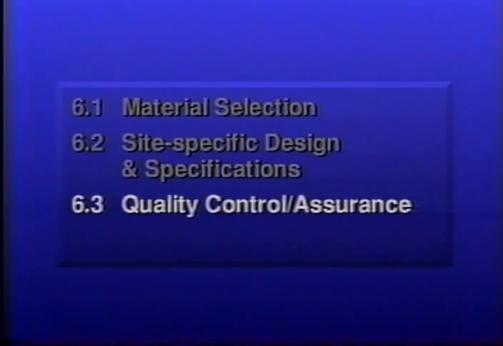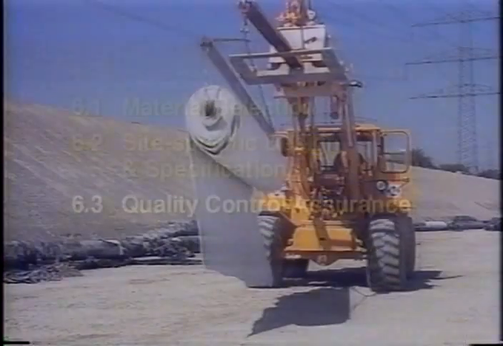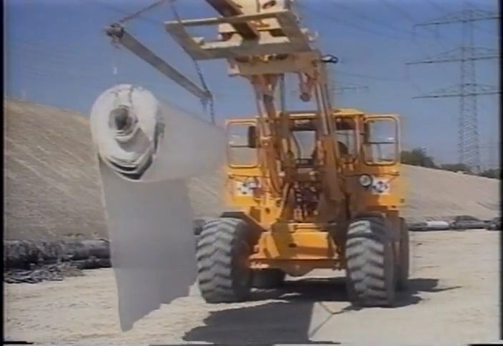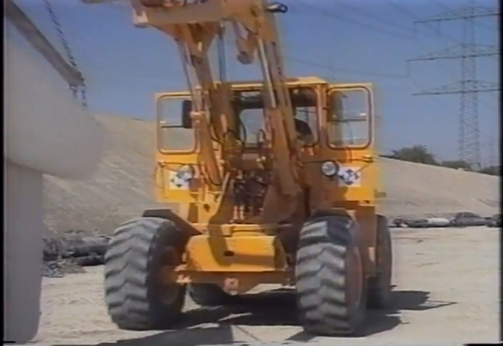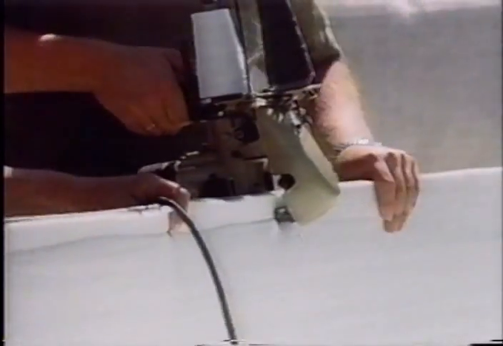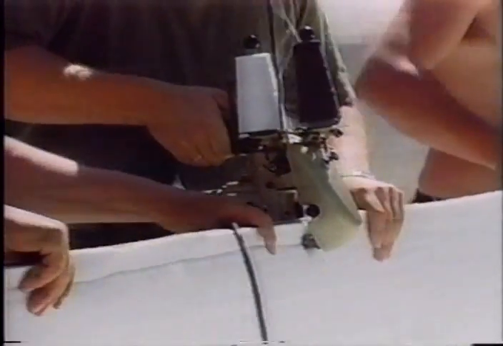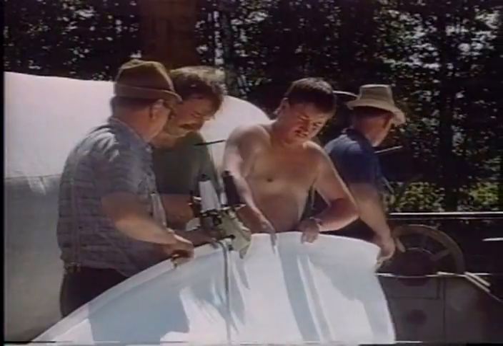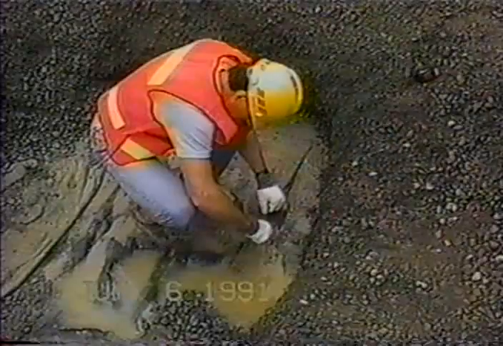Without proper construction quality control in the field, the best designs and the best materials can fail. Geosynthetics must be stored and handled with care and must be installed correctly. Both factory and field-seamed geotextiles should be inspected for thread type and tension, stitch density and type.